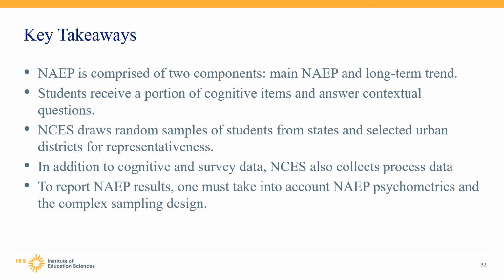Starting from 2017, NAEP mathematics and reading assessment has been administered digitally. During these digital assessments, NAEP collects processed data. Analysts must account for the NAEP psychometrics and complex sample design while analyzing the NAEP data.